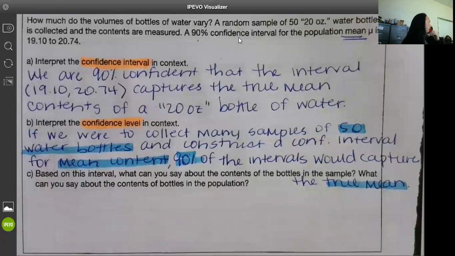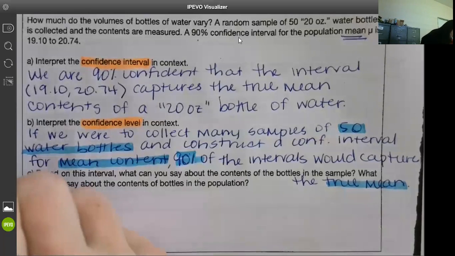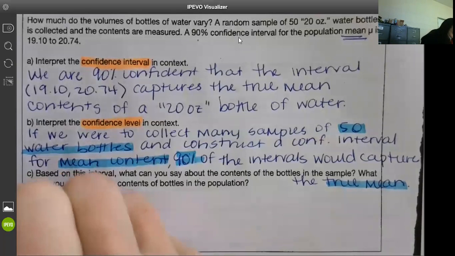It's plausible to believe that the true mean is really close to 20. Why? Because 20 is captured inside the interval. Does that make sense? Is 20 inside of the interval? Yes, it is. We don't have evidence to prove otherwise.